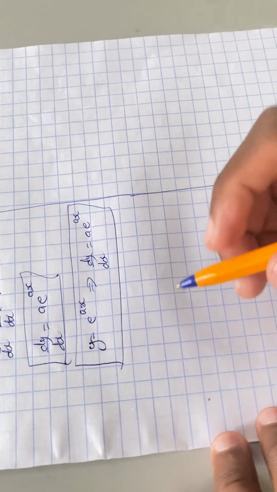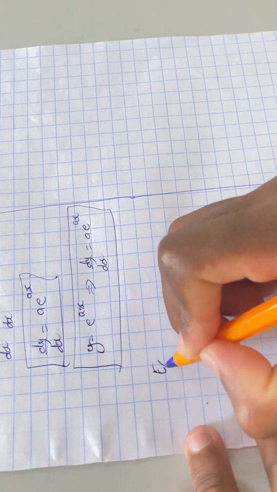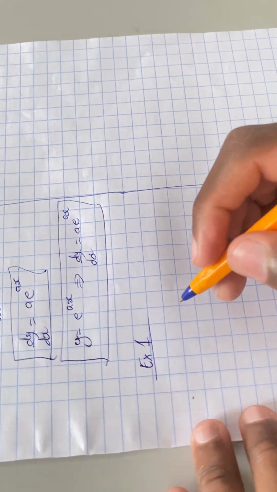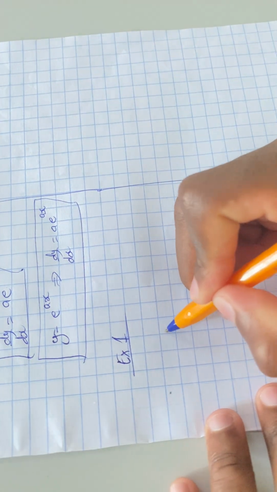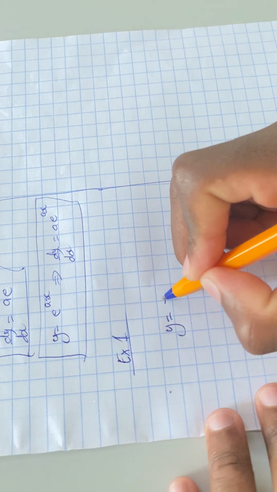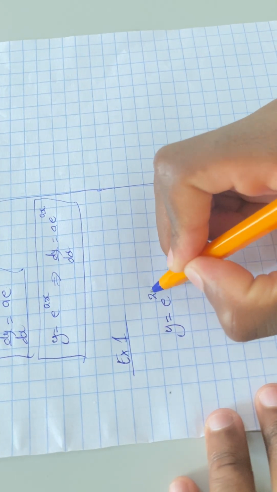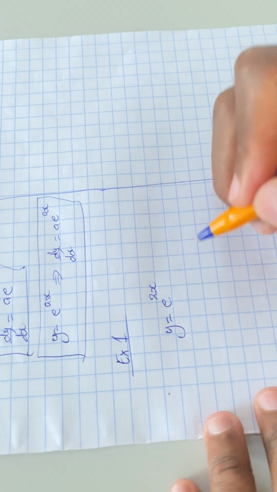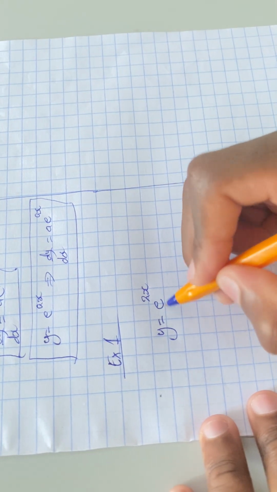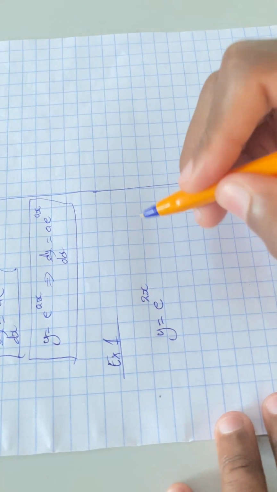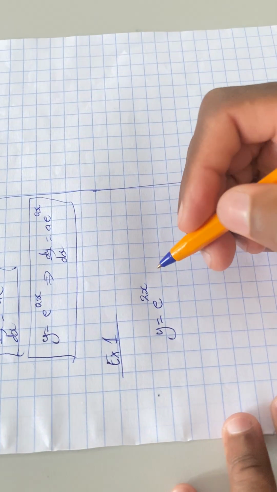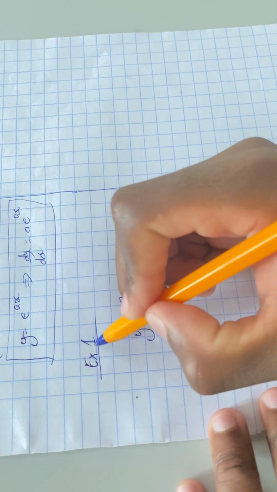So the first example, example 1, let's say we are given our exponential graph, which is y is equals to e to the power 2x, right? Y is equals to e to the power 2x. This is Euler's constant e, which is 2.7 something. It's just a constant. E is a constant, by the way, but you guys already know that.